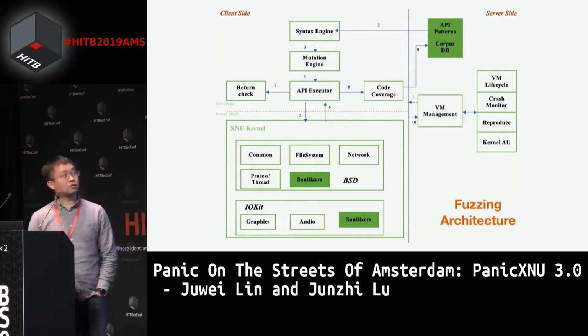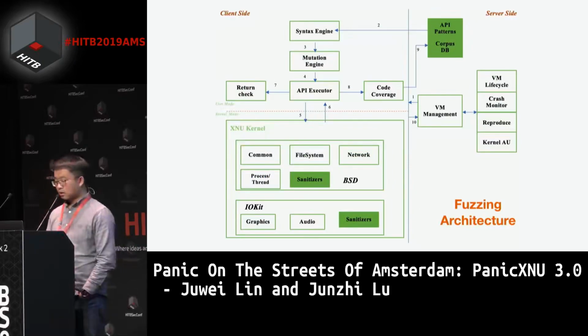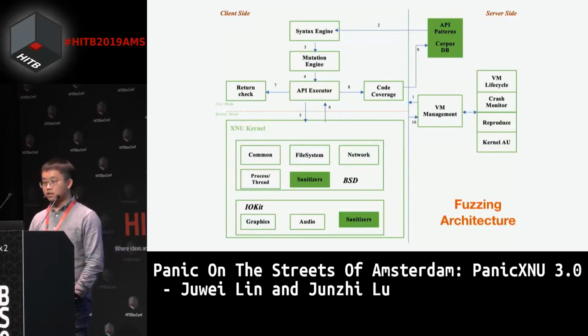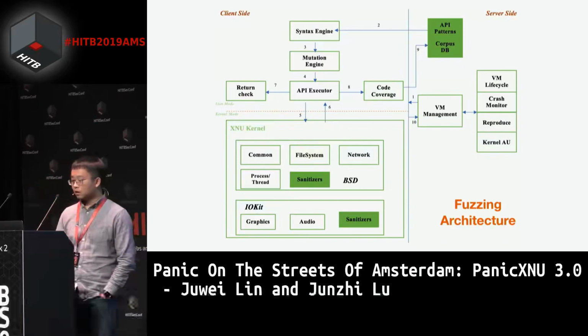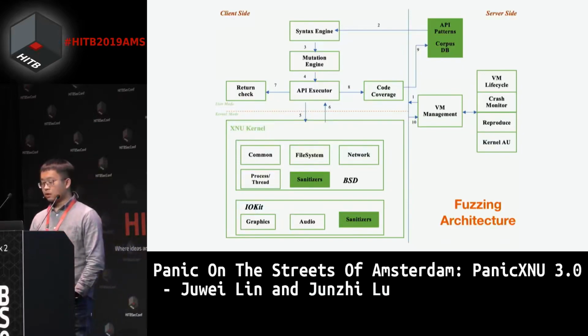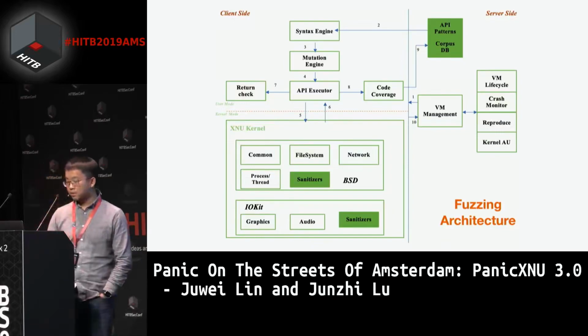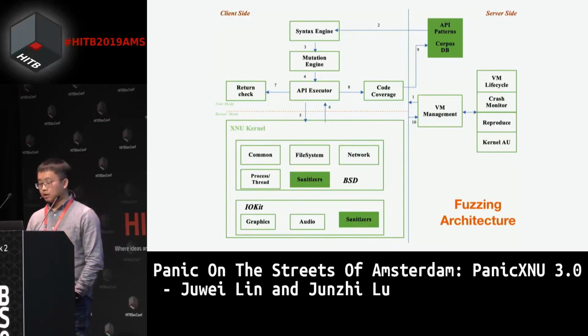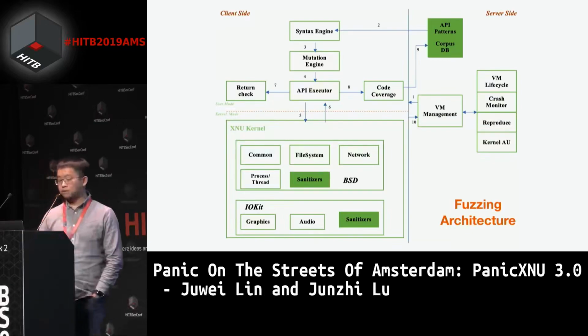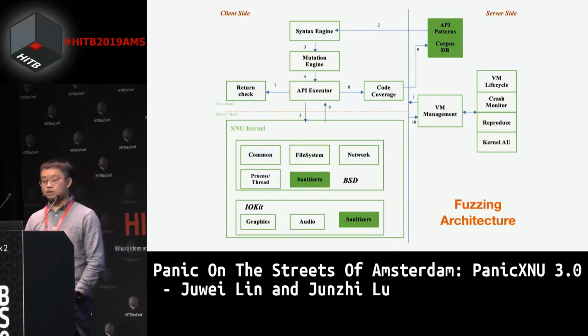This is the fuzzing architecture. It is almost the same as syzkaller. It has two components, the server side and the client side. Let me introduce the workflow. Step 1, the server side will start the client side.